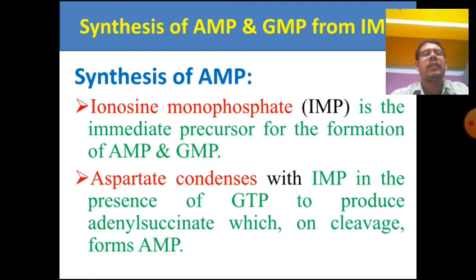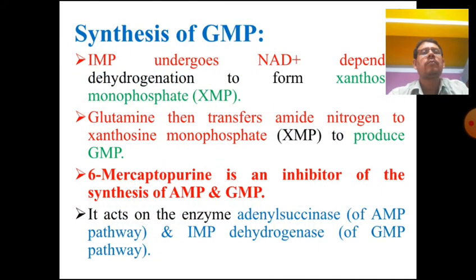Inosine monophosphate is the immediate precursor for the formation of AMP and GMP. Aspartate condenses with IMP in the presence of GTP to produce adenylosuccinate, which on cleavage forms AMP. IMP undergoes NAD-dependent dehydrogenation to form xanthosine monophosphate. And glutamine transfers the amide nitrogen to xanthosine monophosphate to produce GMP.